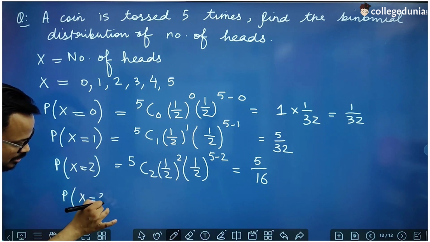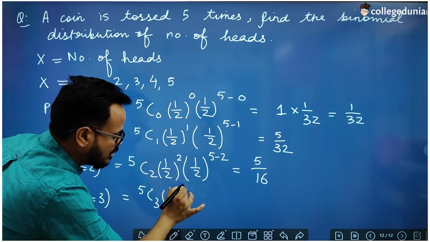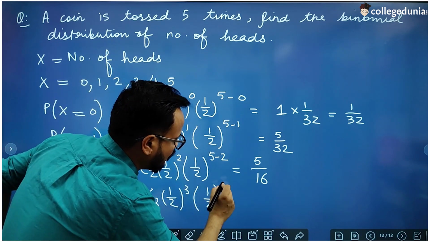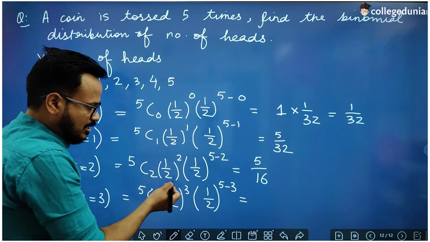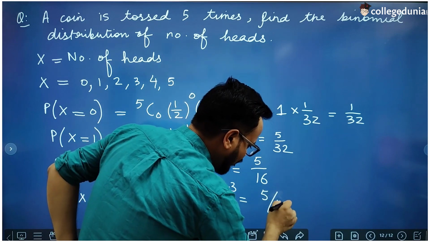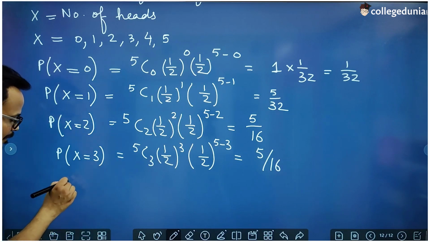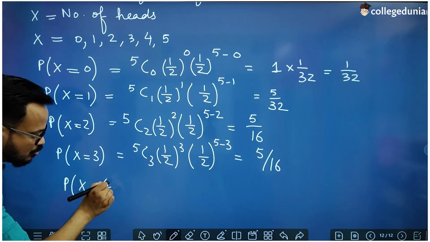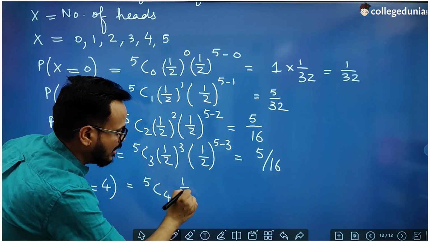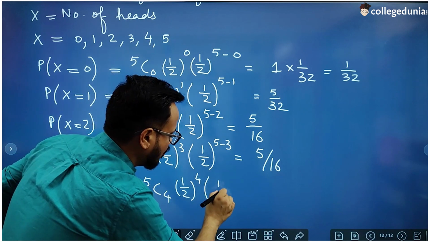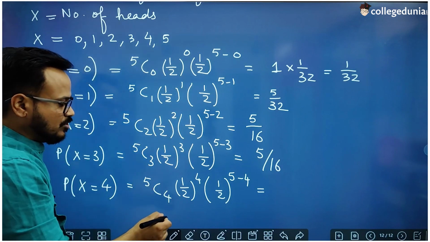P(x=3). 5C3 (1/2)^3 (1/2)^(5-3). This is again 10 and this is going to be again 5 by 16. Okay, now P(x=4). 5C4 (1/2)^4 (1/2)^(5-4). 5C4 is 5.